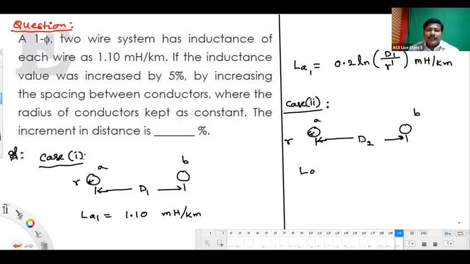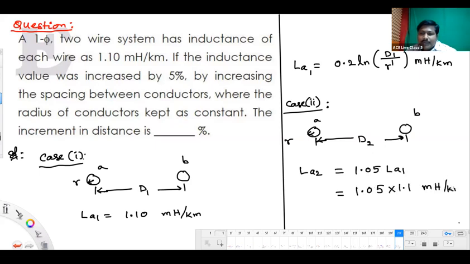Now, inductance of this conductor LA2 will be 5% more compared to LA1. 5% more compared to LA1 means 1.05 LA1, which is 1.05 into 1.1.